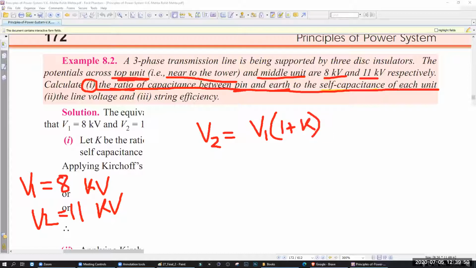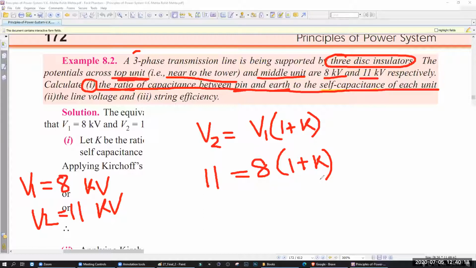Remember, this formula is for how many insulators? 3. That's why we can use it. If it was 4, we cannot use it. Okay. So V2 is 11, V1 is 8, 1 plus K.